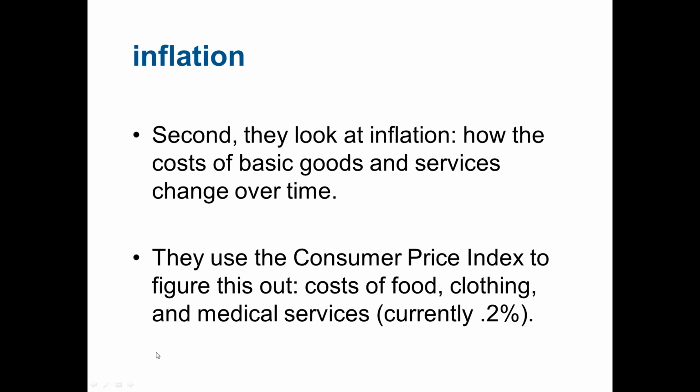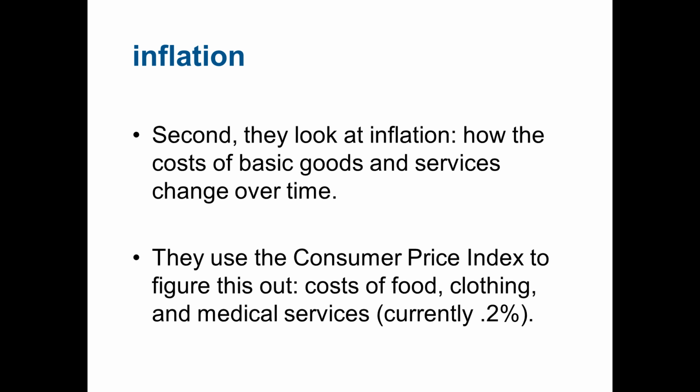A second measure of economic performance is inflation. So this is, again, to put it simply, how much everything costs. Is the cost of things increasing? Is it decreasing? What's going on there?